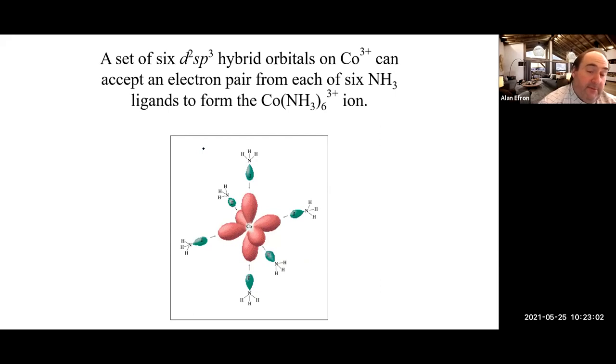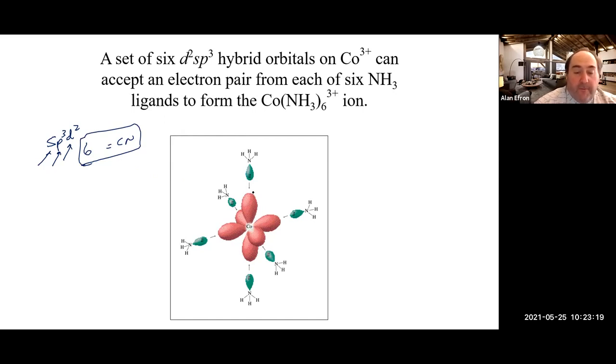For example, this is really sp3d2, and if we just count it up, that's 1, 3 more is 4, and 2 more is 6. This is typically where we see a coordination number of 6 happening.